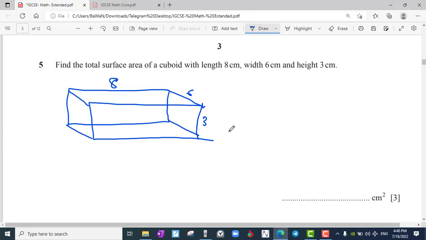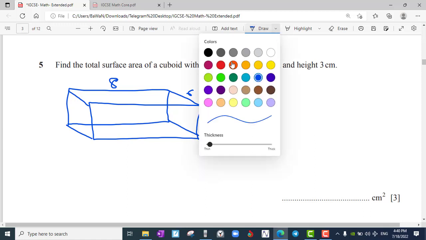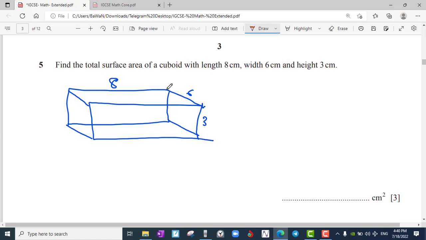Now we have 3 types of rectangles. The first rectangle is this, which is 8 by 6, and we have two identical rectangles of size 8 by 6. So to find total surface area, we find the area of all the 6 rectangles of the cuboid, but the opposite ones are identical, so we calculate once: 2 times 8 times 6.